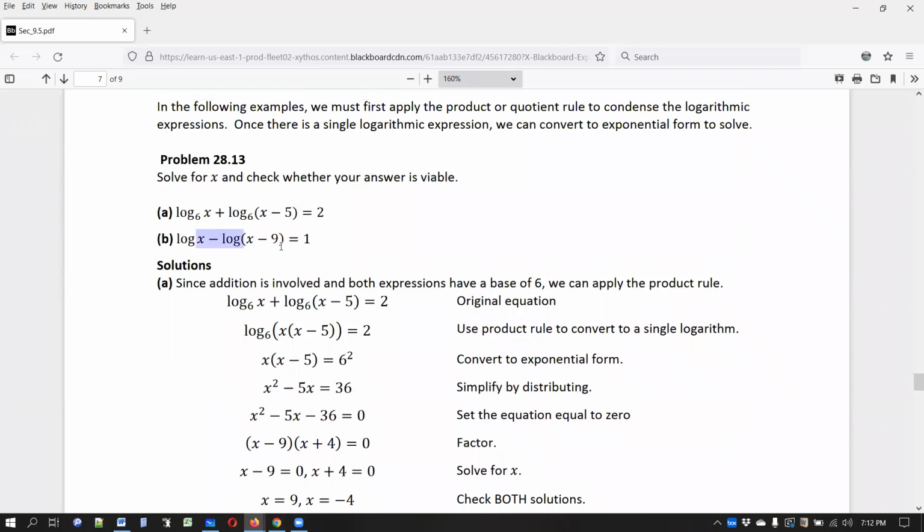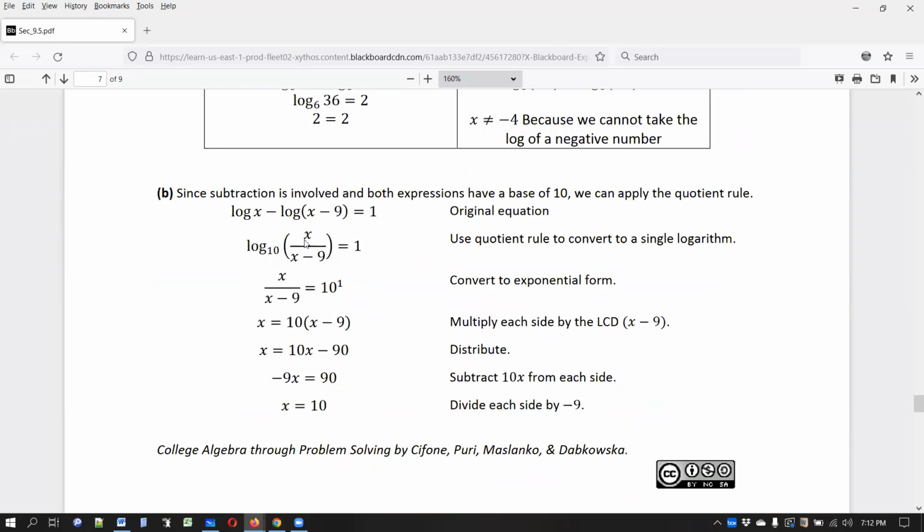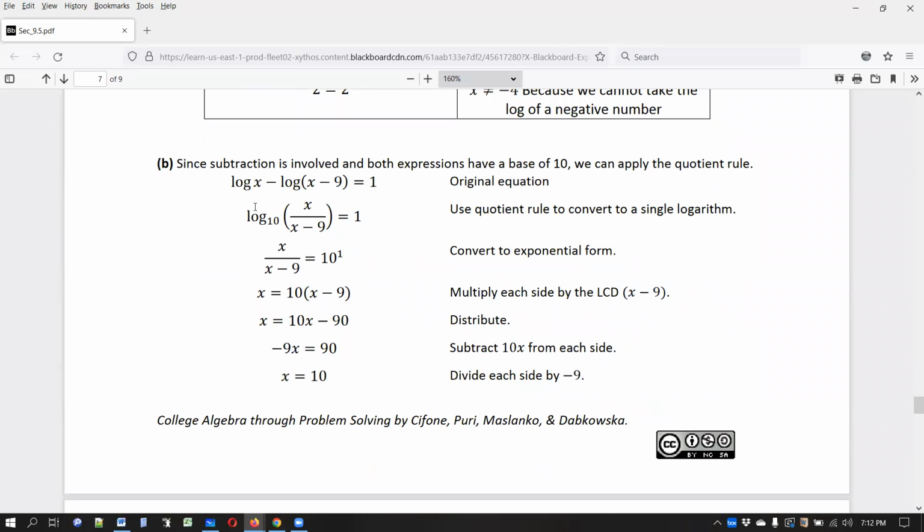Okay, same thing for the other example, but in this case, they're in a minus property, which means that this divided by x minus 9 is equal 1. Okay, log of 10, and remember, when you do not see the base of a log, the default is 10. So log base 10, x divided by x minus 9.